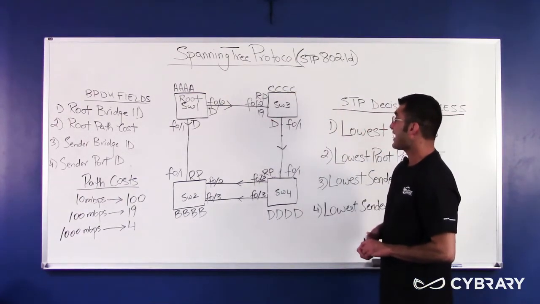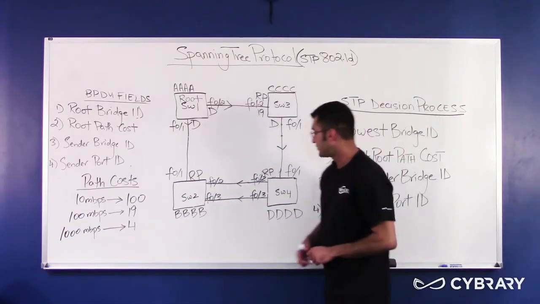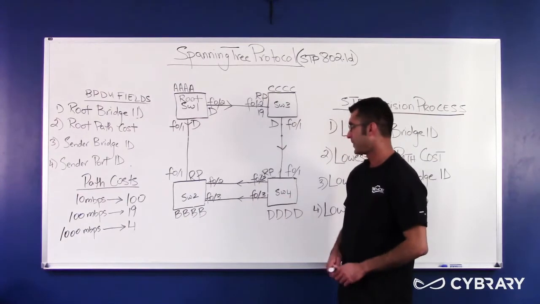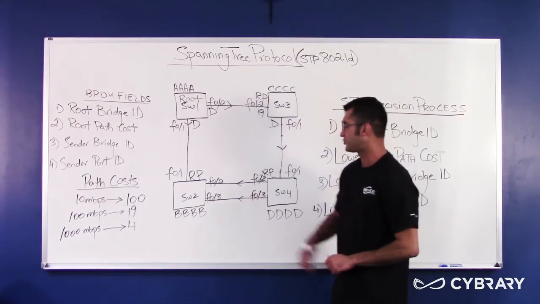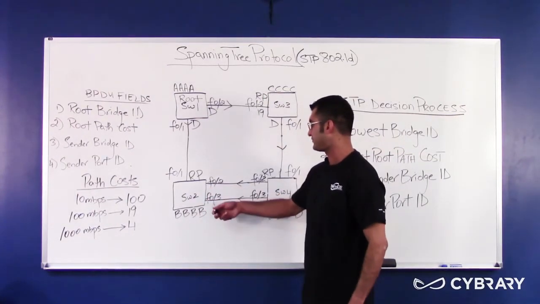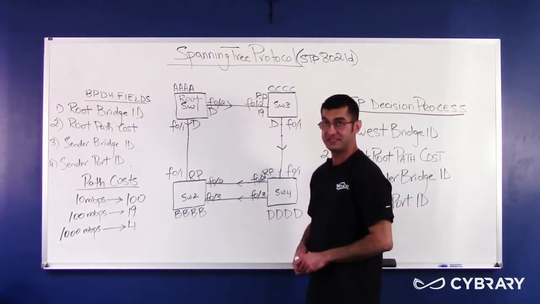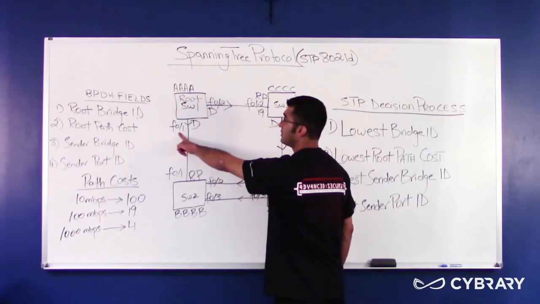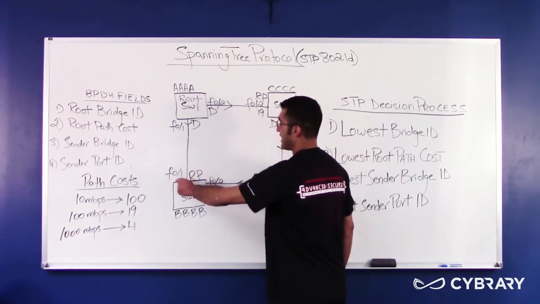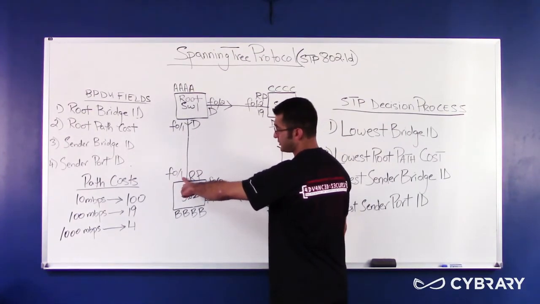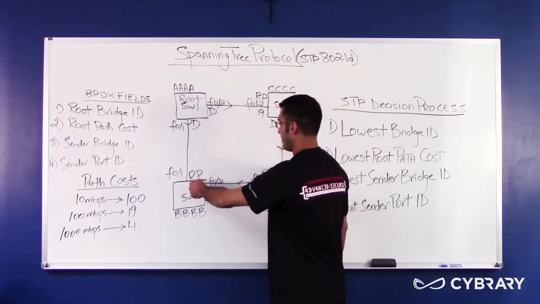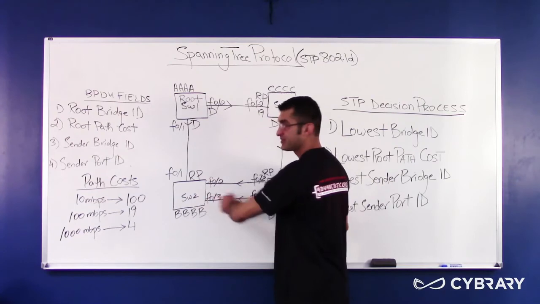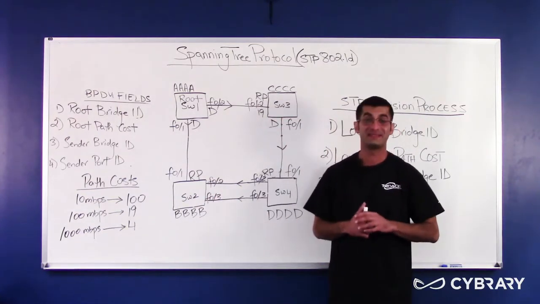Now let's look at the last 2 segments between switch 4 and switch 2. The root path cost at switch 2 F0/2 and F0/3 is still 19. It was 0 as the BPDU left F0/1 switch 1, the root. It got incremented to 19 at switch 2 F0/1. And when the BPDU leaves switch 2 F0/2 and F0/3, the cost is still 19.